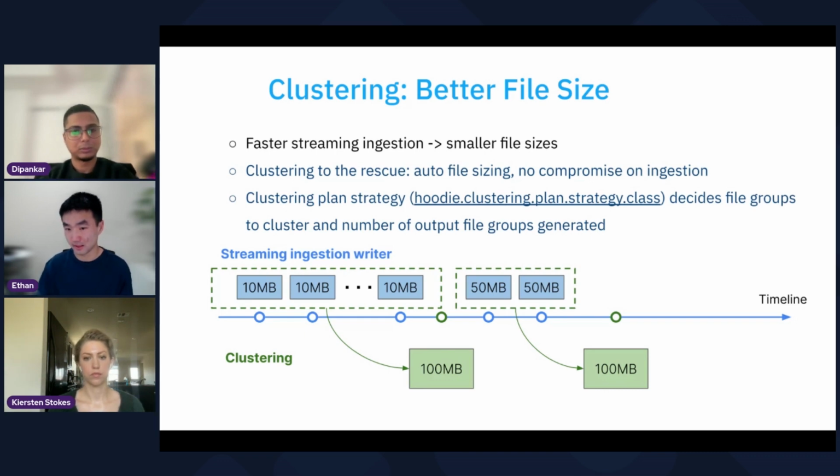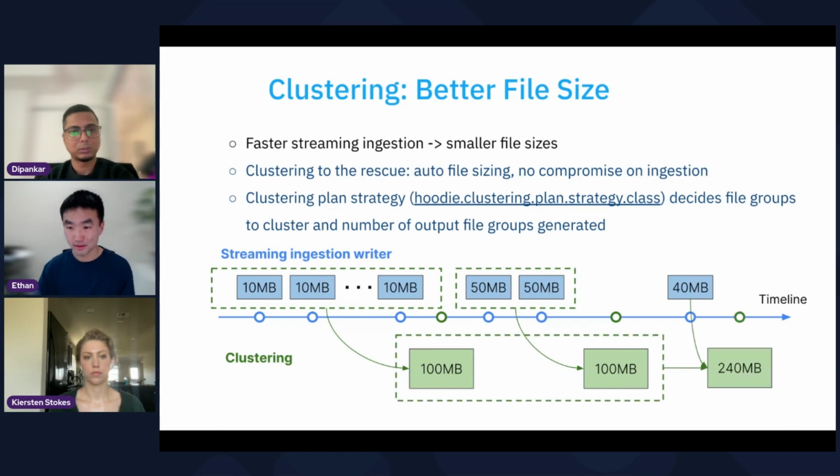We can just cluster the latest 50 MB files into other 100 MB files. And then after that, let's say I want even bigger files in the table. Then you can change the clustering configs and strategy so that it groups the latest written files with the previous files with the old data into an even larger file. So this can all be customized.